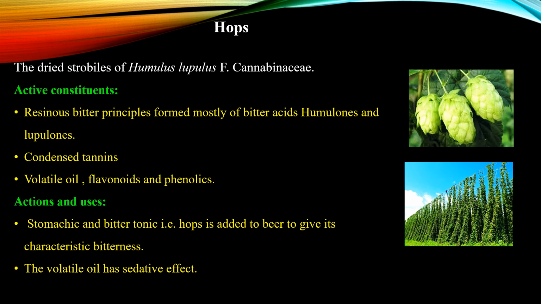The active constituents contain a resinous bitter principle, formed mainly of bitter acids as humulones and lupulones, condensed tannins, volatile oil, flavonoids, and phenolic constituents. It is used as a stomachic and bitter tonic. Hops are added to beer to give its characteristic bitterness and odor. The volatile oil has a sedative effect.